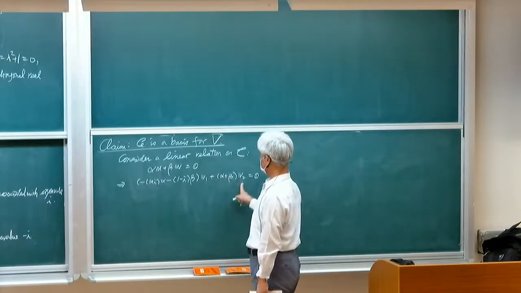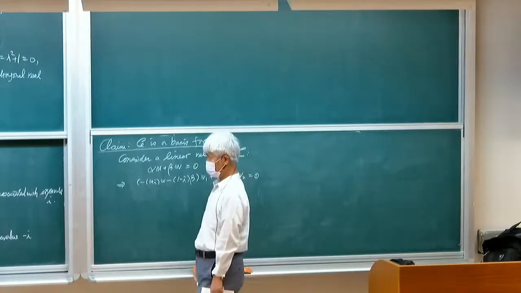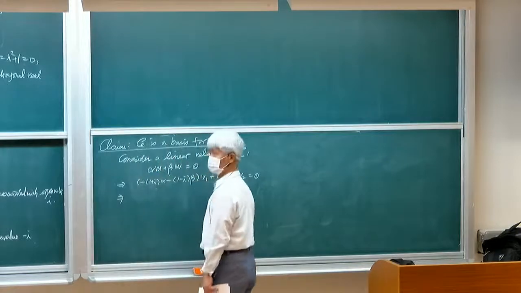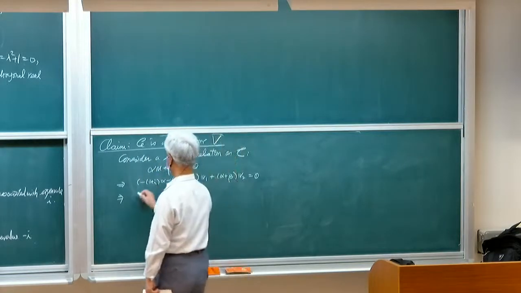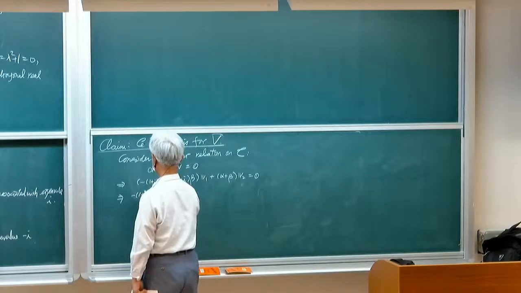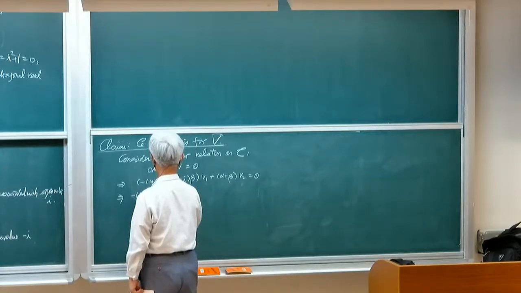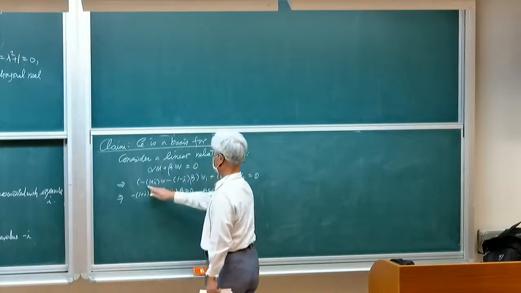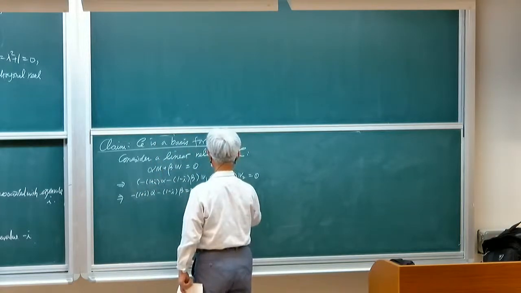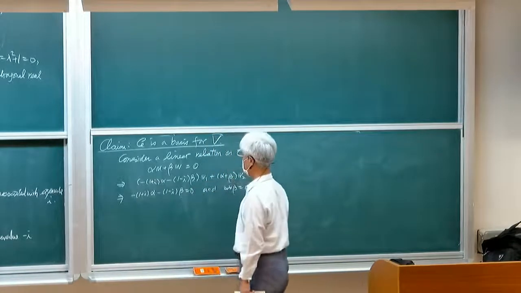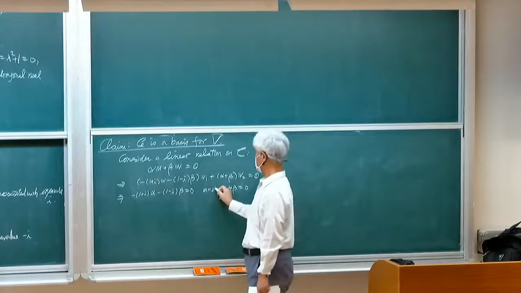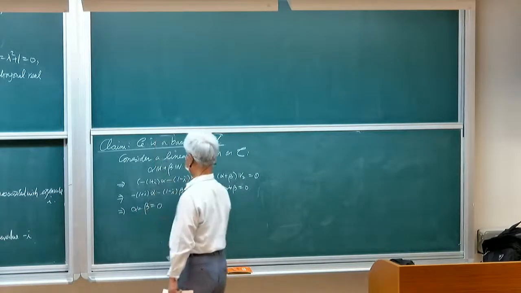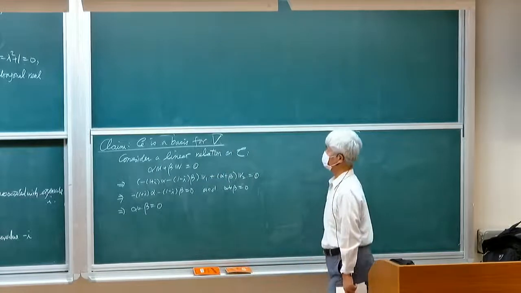Now, because V1 and V2 are vectors in basis B, and basis B is a linearly independent set, the coefficients must be 0. So we have two linear equations, and solving them, we find alpha equals beta equals 0.